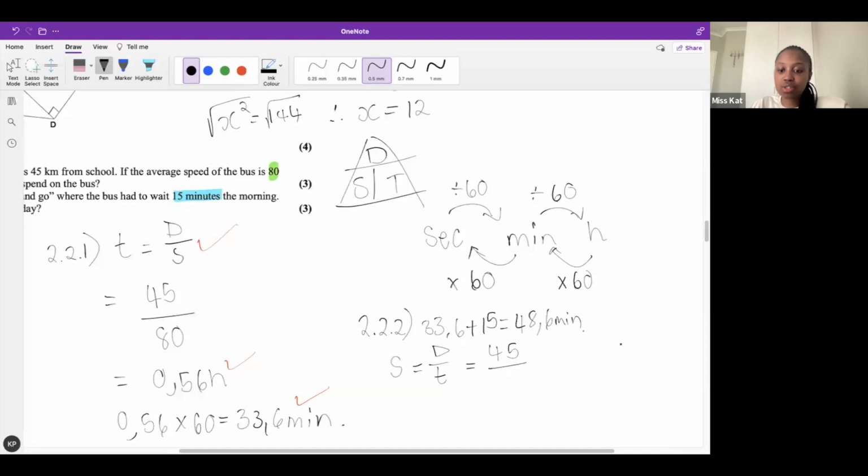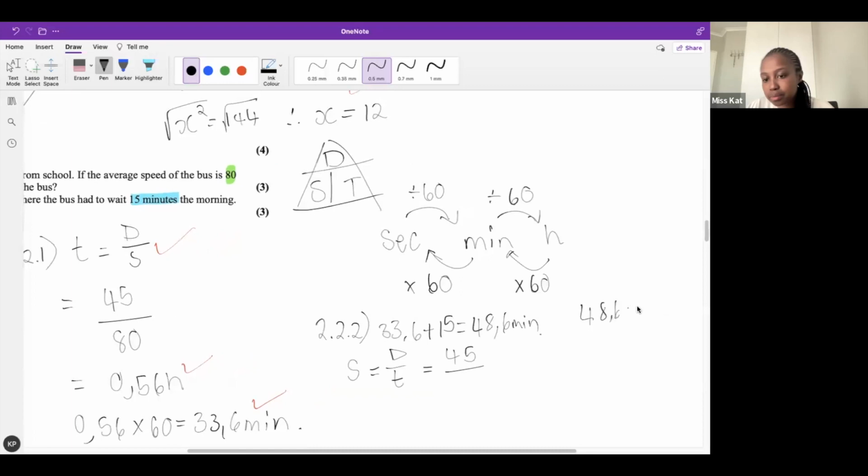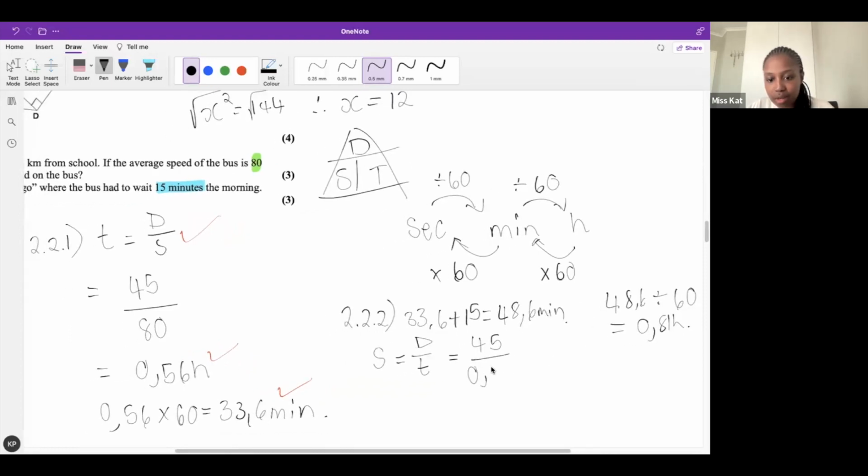We need to convert it to hours. So what's 48.6 divided by 60? Equals 0.81 hours. Okay, so at the bottom, I'm going to say divided by 0.81. Now tell me what the new speed is.